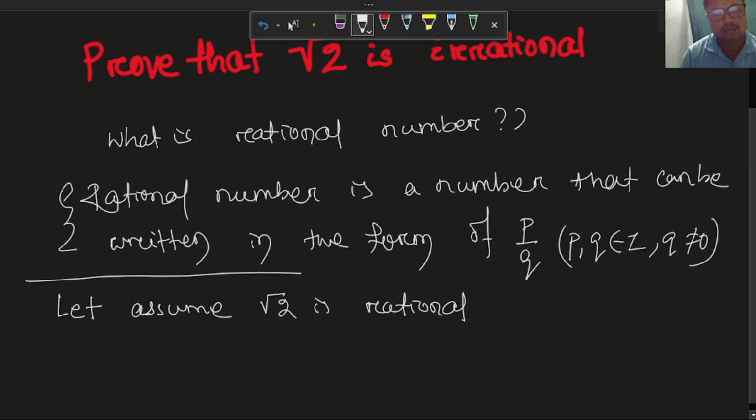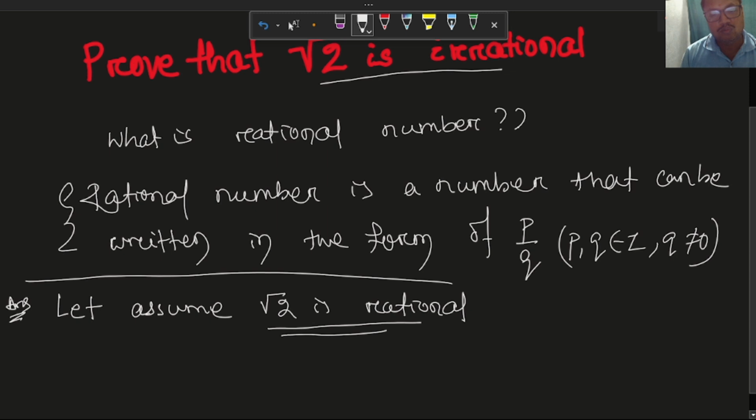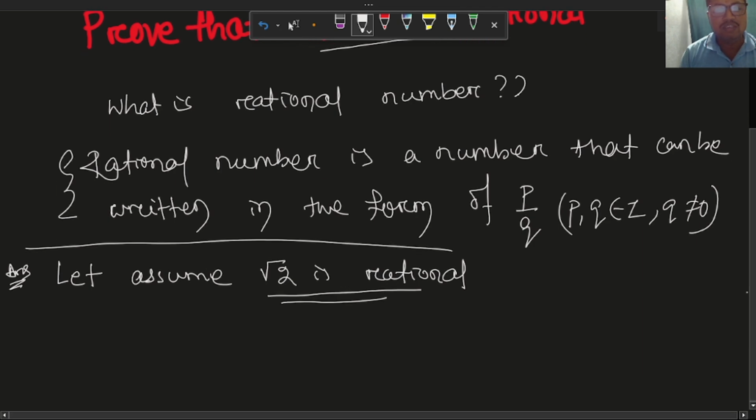The answer begins here. The question asks us to prove that root 2 is irrational, but in this process we assume that root 2 is rational. So we start the answer with a contradictory statement.